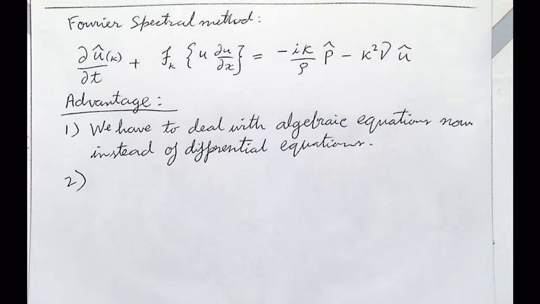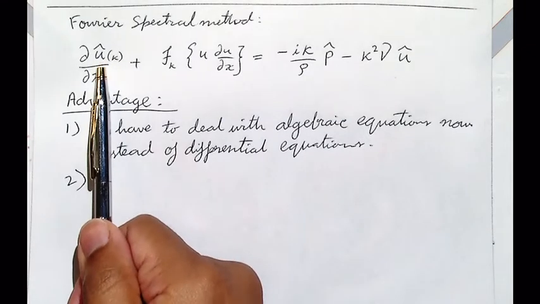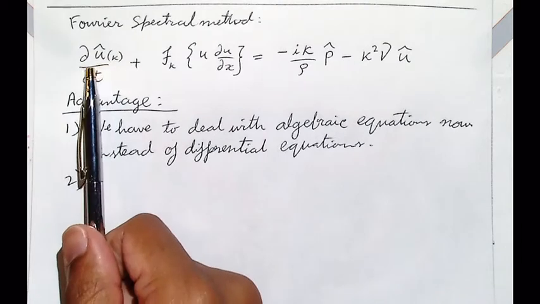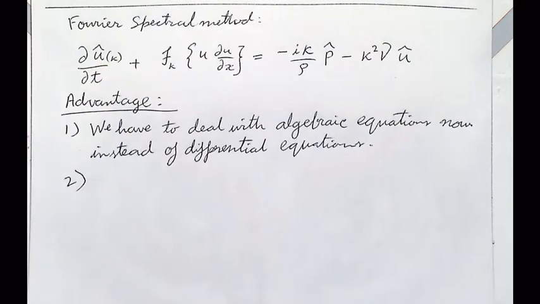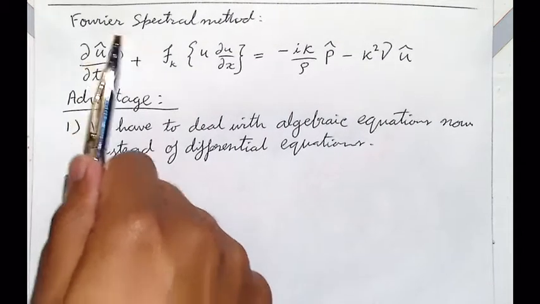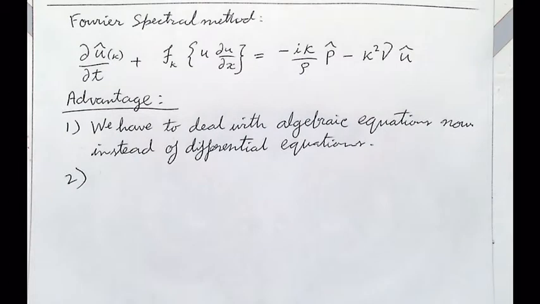Think about what happens when you compute this u hat. How do you compute the u hat? Basically, I think you might have taken FFT, but if you think about what's happening, it's an integral going from x equals minus infinity to plus infinity, or in our case, x equals 0 to 2 pi, because the domain is periodic. So you're basically reconstructing the signal u hat by using information at all available grid points.